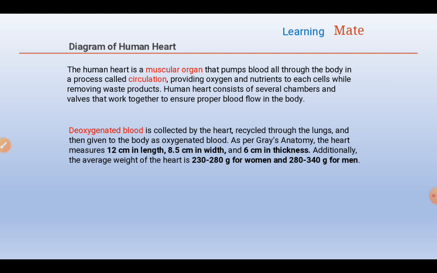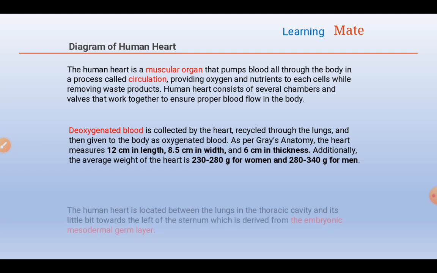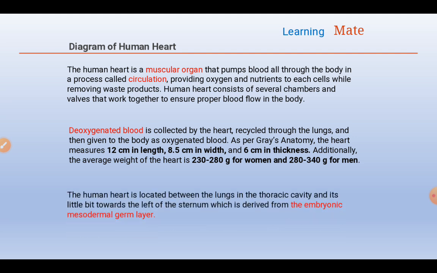Additionally, the average weight of the heart is 230 to 280 grams for women and 280 to 340 grams for men. So men can do more tedious work than women. The human heart is located between the lungs in the thoracic cavity and is a little bit shifted towards the left of the sternum, which is derived from the embryonic mesodermal germ layer.